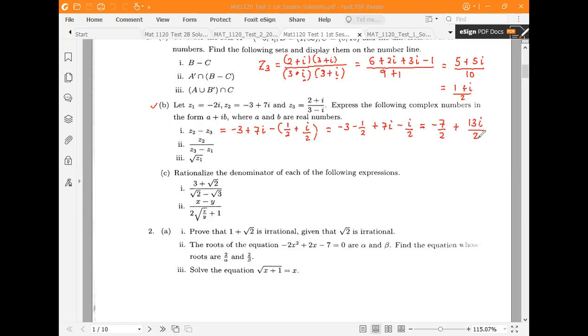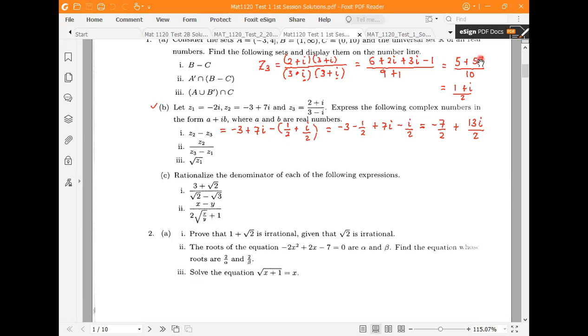Okay. Let's explain things here. So here we had 5 plus 5i. And then there's 10 down. So 5 can go into itself once, and into 10 twice. That's why it has reduced to that kind.